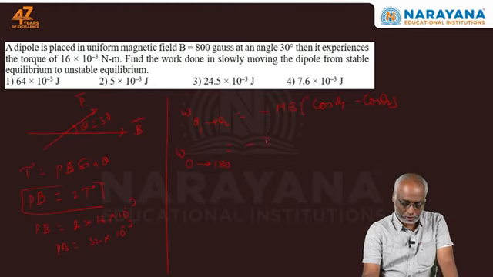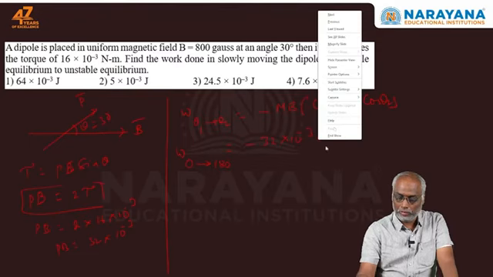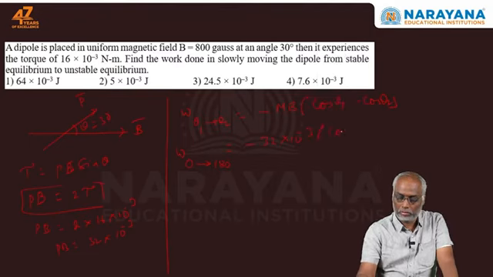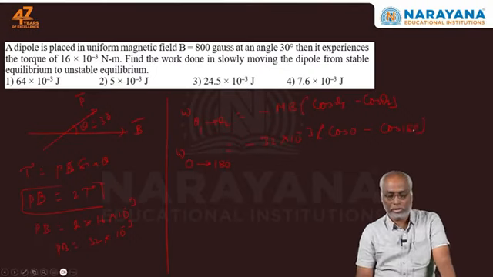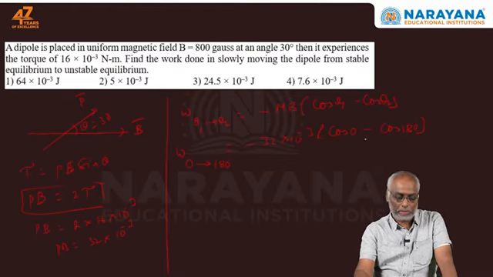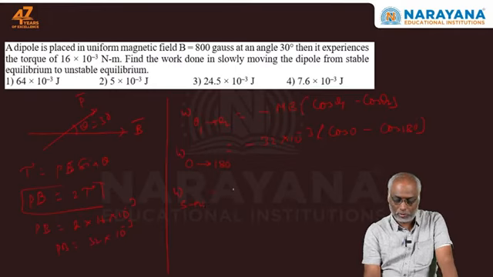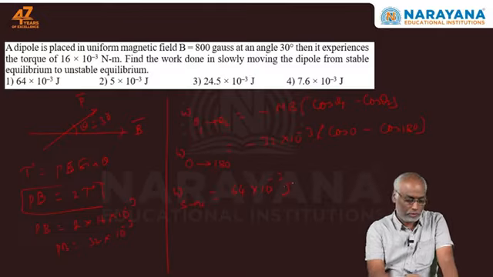So this will become 32 into 10 to the power of minus 3 into cos 0 minus cos 180. It will be in stable equilibrium at 0 degrees and unstable equilibrium at 180 degrees. Cos 0 is 1, cos 180 is minus 1. This will become 2. So altogether the amount of work done in rotating from stable equilibrium to unstable equilibrium will become equal to 64 into 10 to the power of minus 3 joules. Hence, option 1.